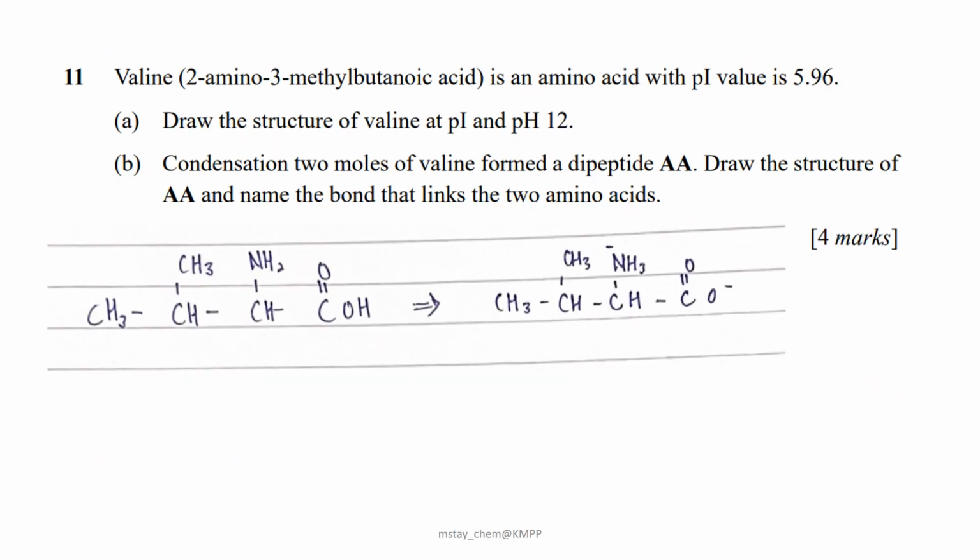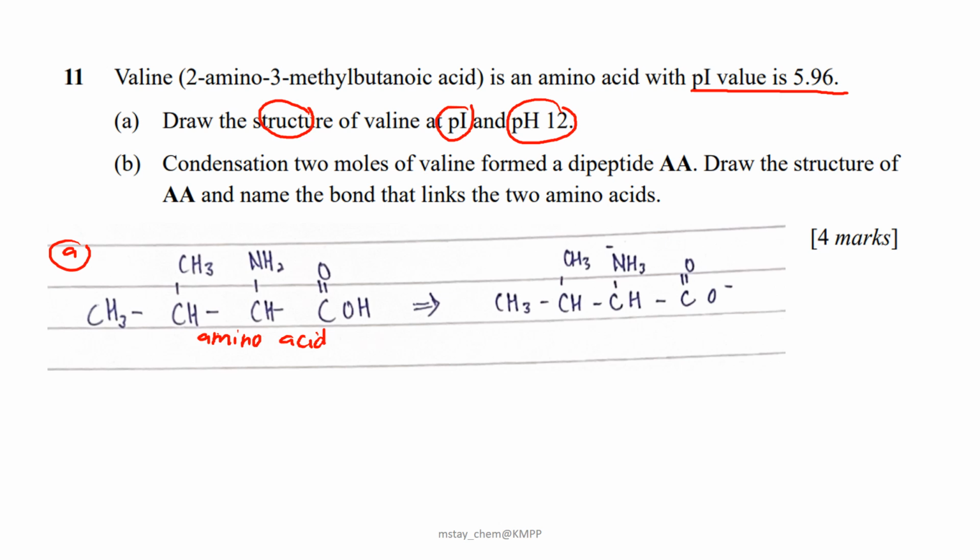Okay, continue with the last question, question 11. So you are given the amino acid with the pI value 5.96, and then the question asks us to draw the structure at the pI and at pH equal to 12, two conditions here. When we look at the answer given here, I think the student tried to sketch. First she or he tried to draw the amino acid.